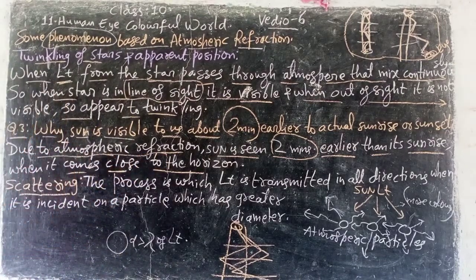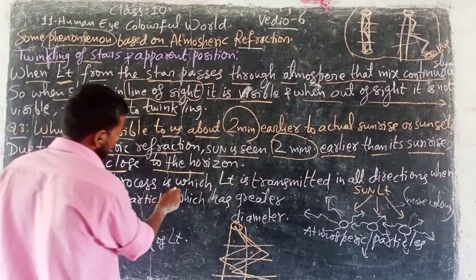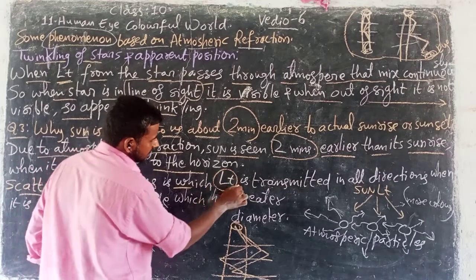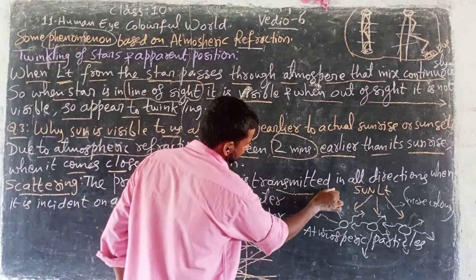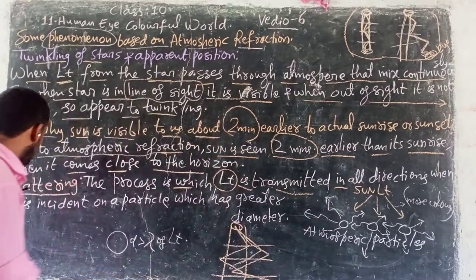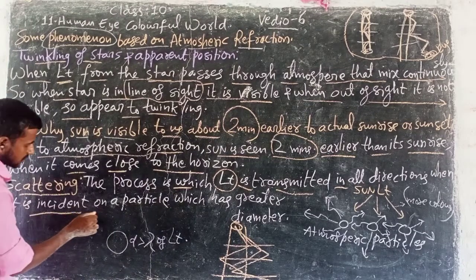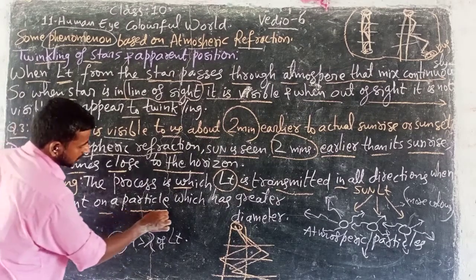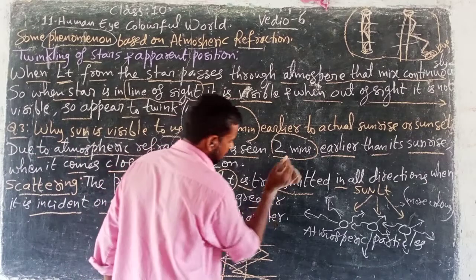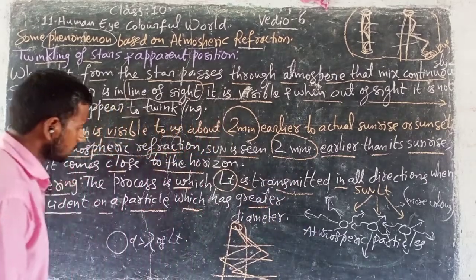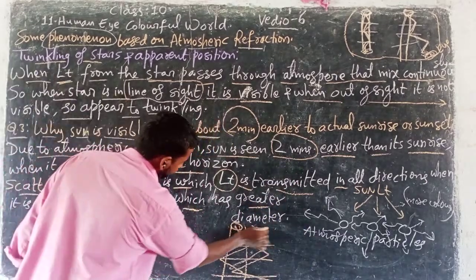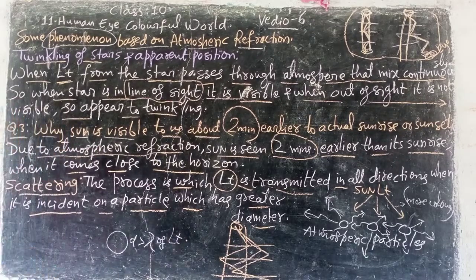And scattering. One word there, what is scattering? The process by which light is transmitted in all directions when it is incident on a particle which has a greater diameter. Look here, very clearly, scattering.